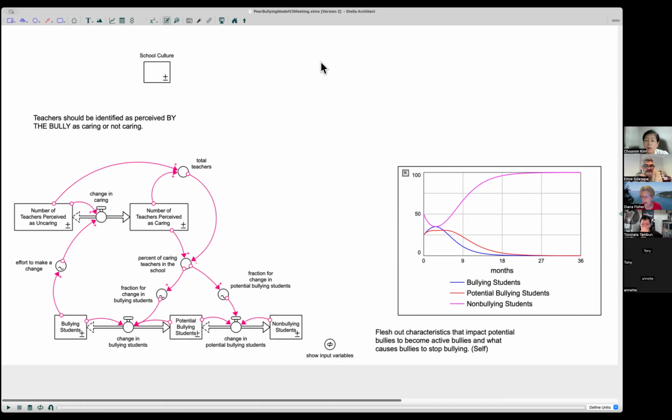So what I'd like to know from you is, do you like this model better? Do you like the first model better? Or would you like to start from scratch with just these 2 pieces with teachers and these with either students about bullying or bullying incidents?